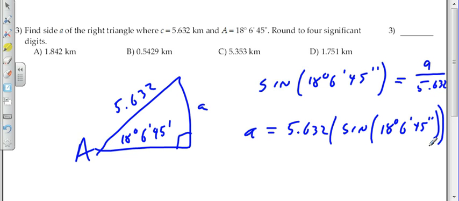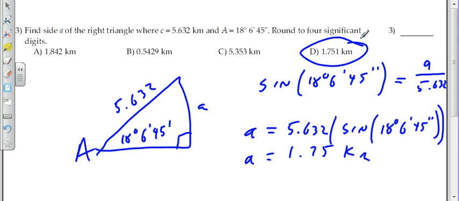5.632 times the sine of 18, math, degrees, minutes, seconds, degrees, 6, math, degrees, minutes, seconds, minutes, 45, math, degrees, minutes, seconds, seconds, close parentheses, boom, and I end up with A is equal to 1.75 kilometers, and it probably rounds off to 1.751, so I would go with D. Okay, can you make your calculators do that?